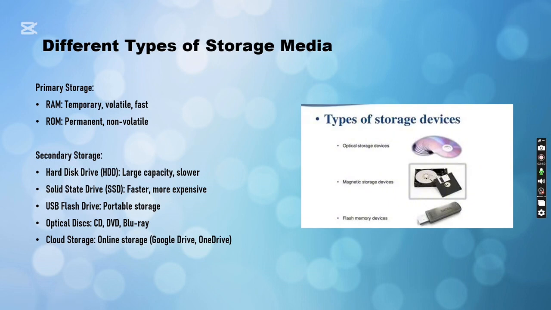Different types of storage media. Primary storage: RAM, temporary, volatile, fast. ROM, permanent, non-volatile. Secondary storage: hard disk drive, HDD, large capacity, slower.